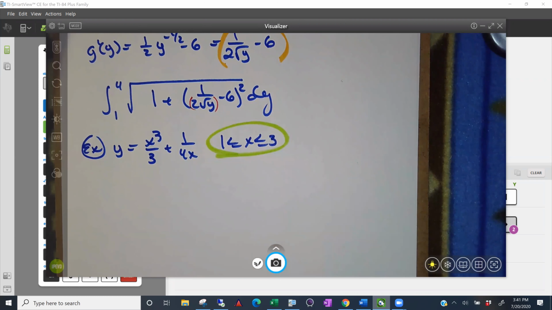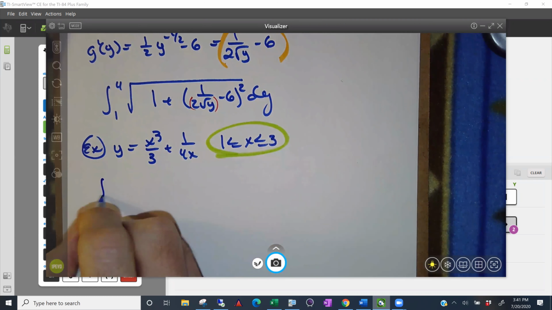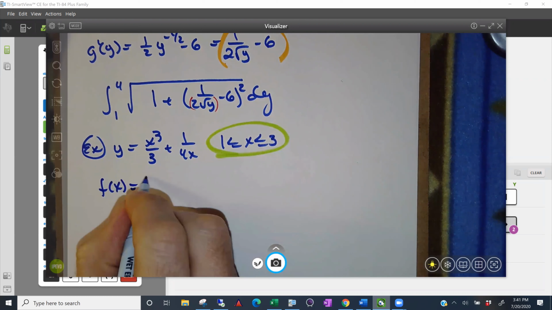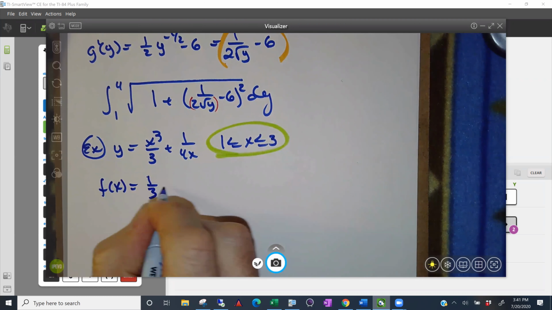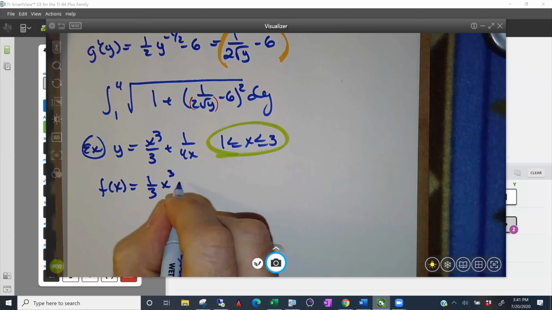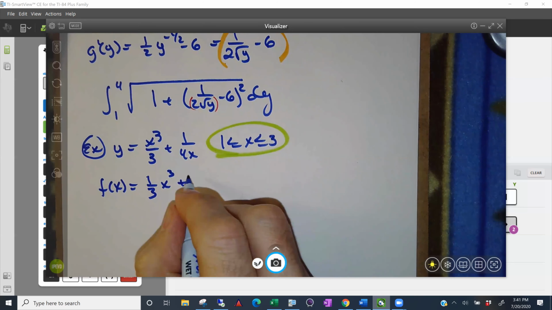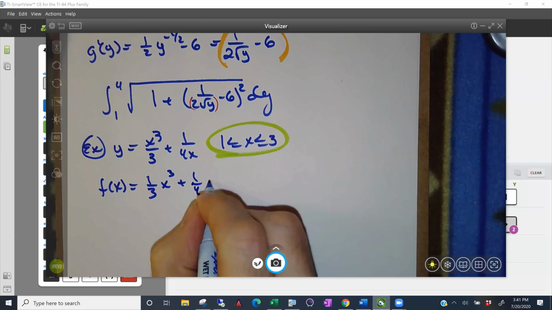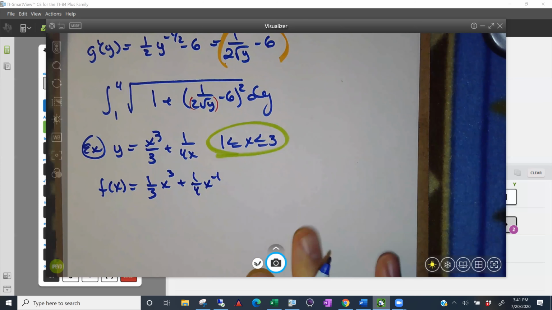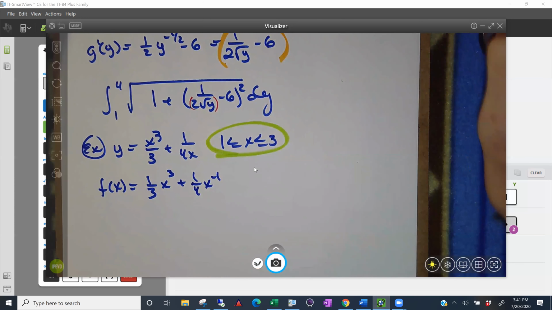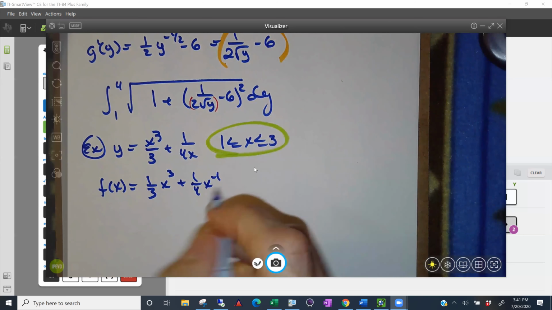Okay. So if you want, we can call this f of x is 1/3 x to the third plus 1/4 x to the negative first. And I'm just rewriting it like this because I know I have to take the derivative. So let's do the derivative.